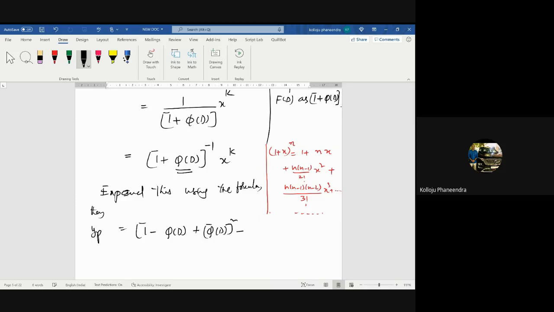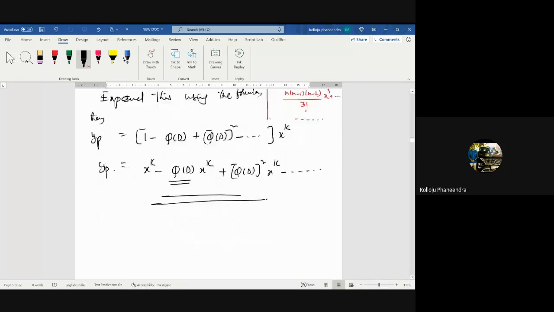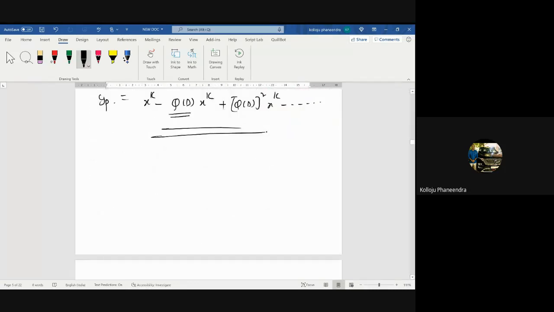So this is x to the power of k, minus function of d into x to the power of k, function of d meaning derivatives, plus function of d whole square into x to the power of k, and so on. This is the answer. I will explain this. If there is any difficulty, it will be clear in solving the problems.